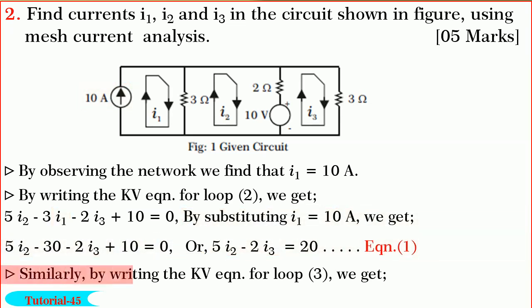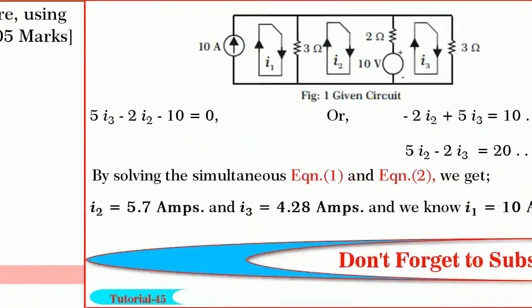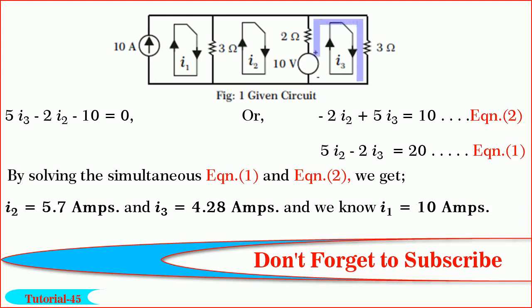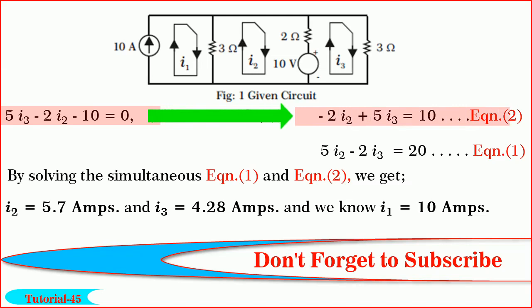Similarly, by writing Kirchhoff's voltage equation for loop 3, we get 3 plus 2, that is 5I3 minus 2I2 minus 10 is equal to 0. By rearranging, we get minus 2I2 plus 5I3 is equal to 10.